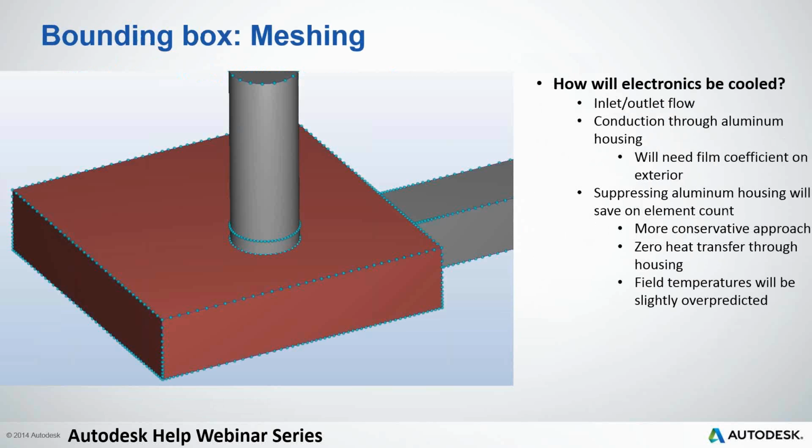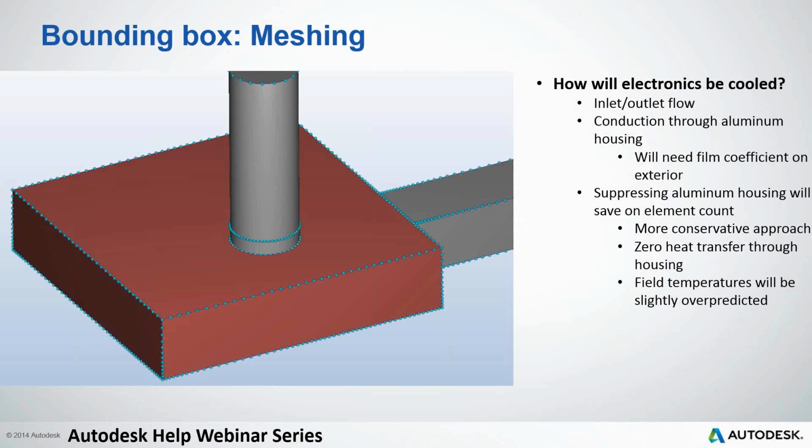Now, in terms of meshing this aluminum box that goes around the electronics, generally the goal is to save as much mesh as you can while still getting good results. So this is a CFD question really. Do you care about conduction going through this aluminum box?